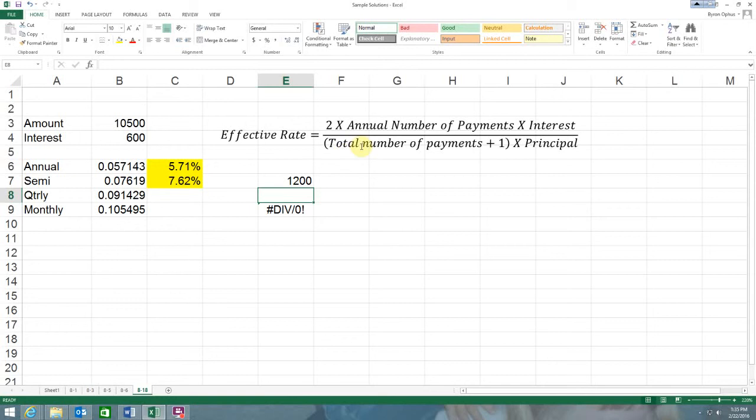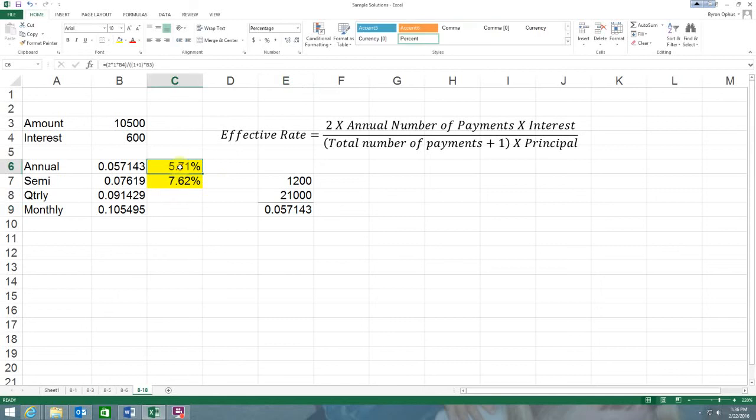The bottom part is the total number of payments plus 1, so 1 plus 1, times the principal. That gives me my answer. I've put the whole formula in and calculated it, and away we go.